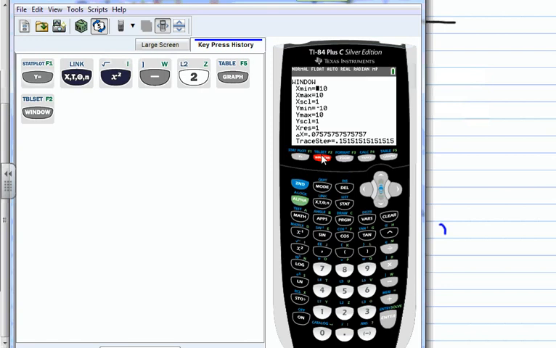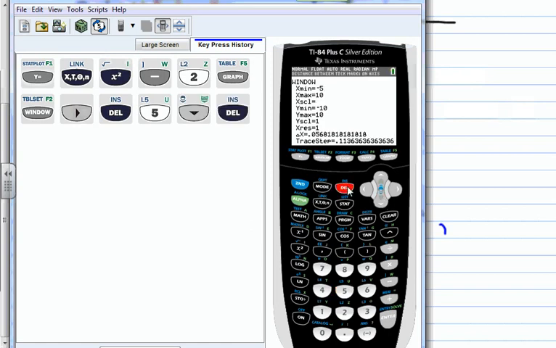Now minimum means the smallest x value, and max means the biggest x value. So what if I change this? Let me delete the -10 and put -5. That means that's the smallest x I'm going to see. And then for the max, let's go +5.